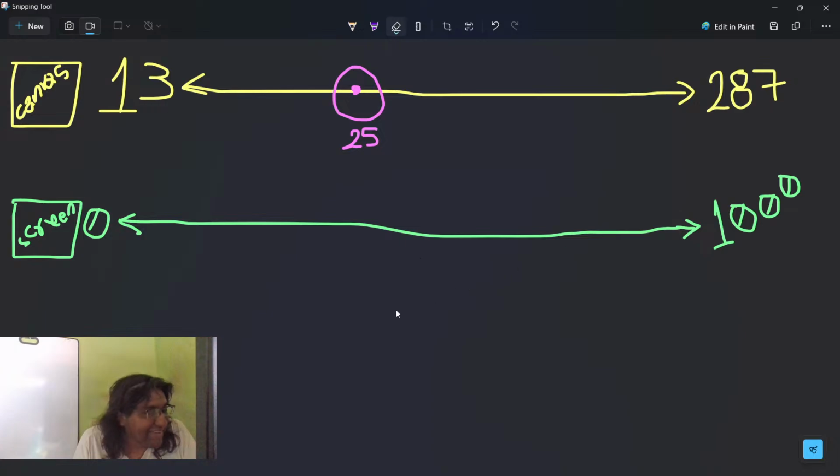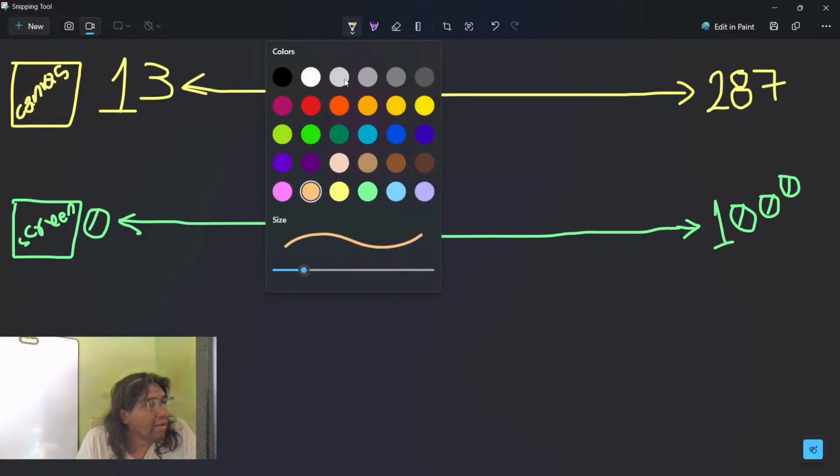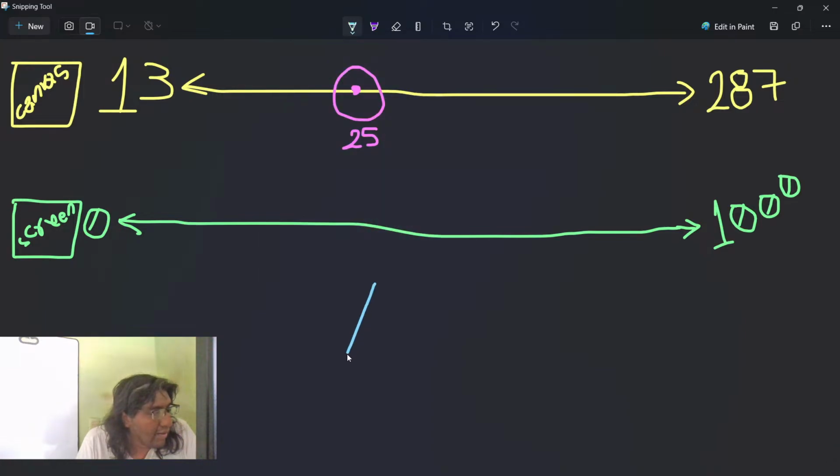Yeah, bear with me. Let's think in terms of similar triangles. 5, 3, 4.